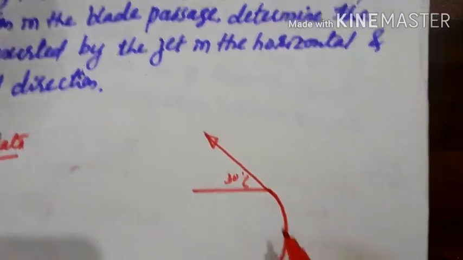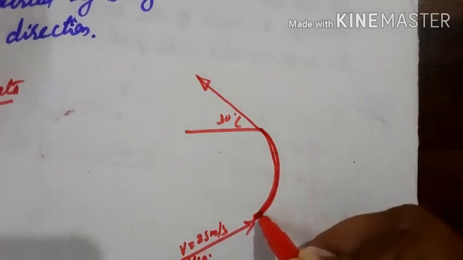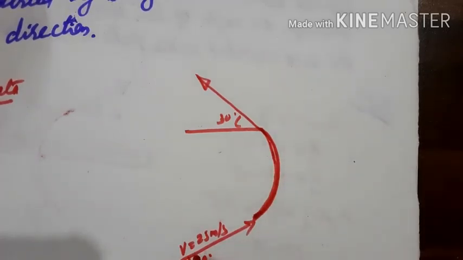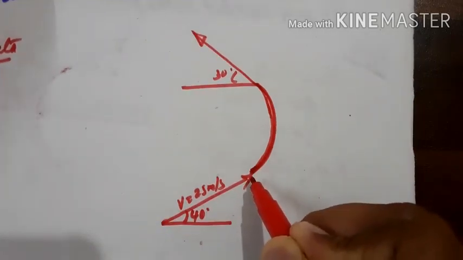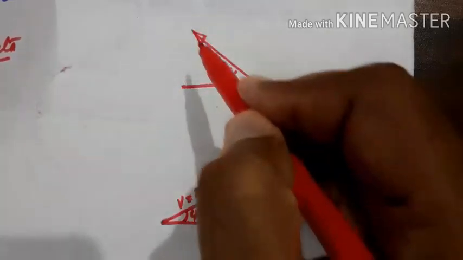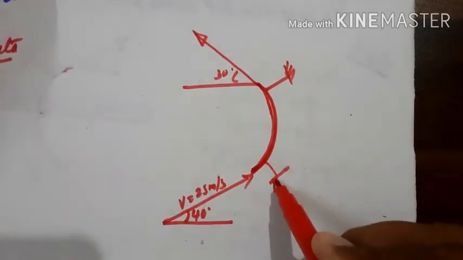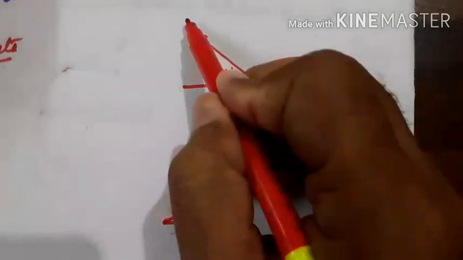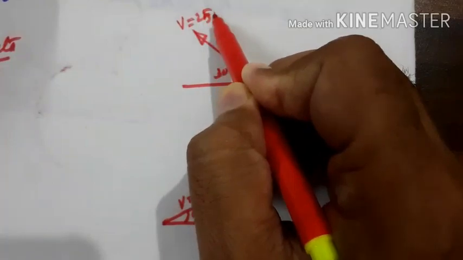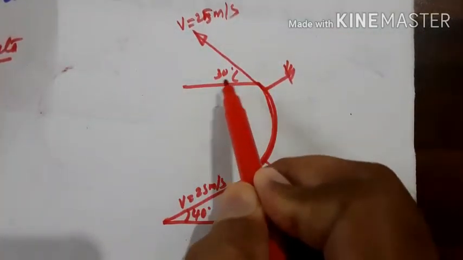Since there is no loss of energy due to impact and no loss in the blade passage, whatever velocity with which the jet enters the blade passage, with the same velocity it will leave. Since this is a fixed vane, it is leaving with a velocity of 25 meter per second at an angle of 30 degree.